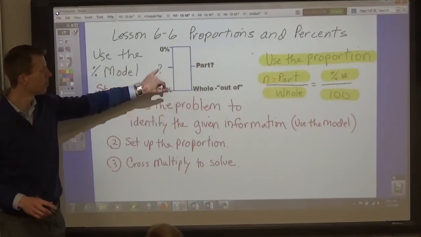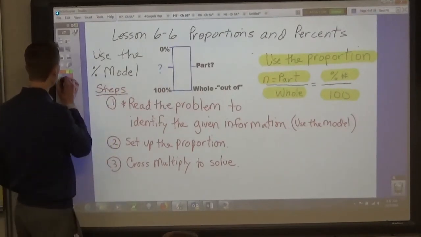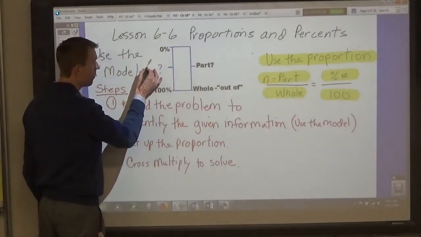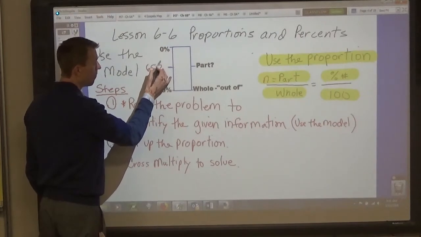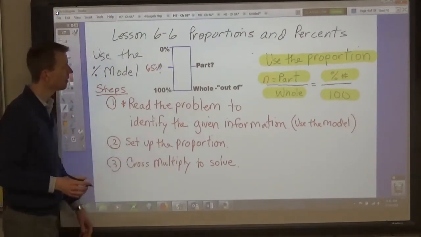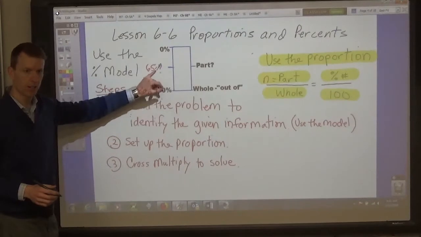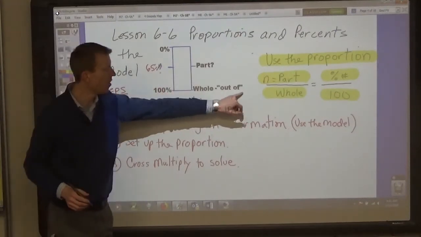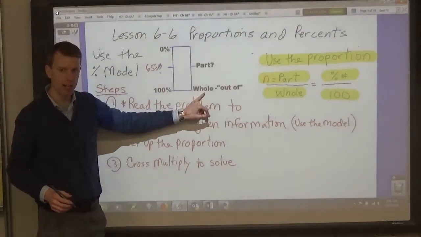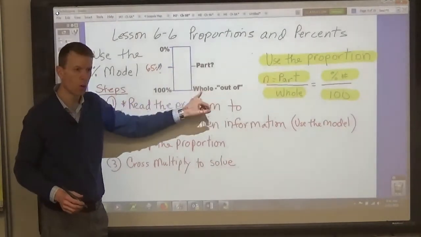If you're given the percent, like this first one, if you're trying to find 65% of a number, that means you're trying to find 65% of the whole.